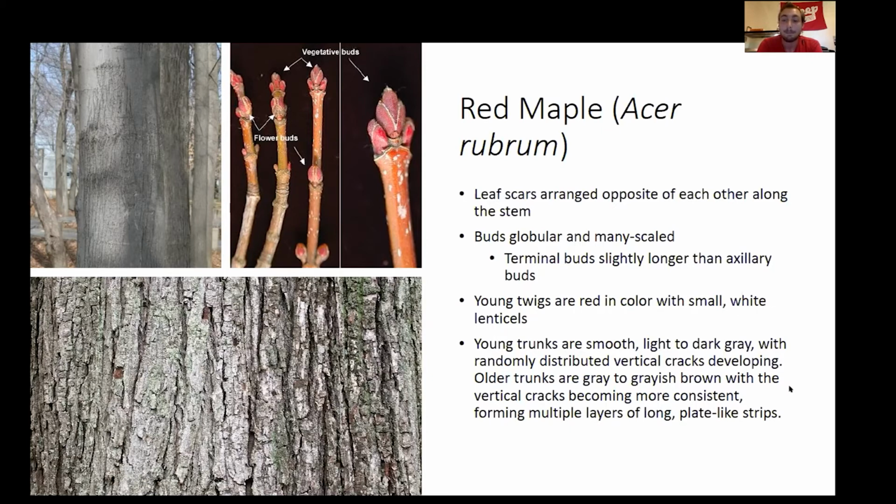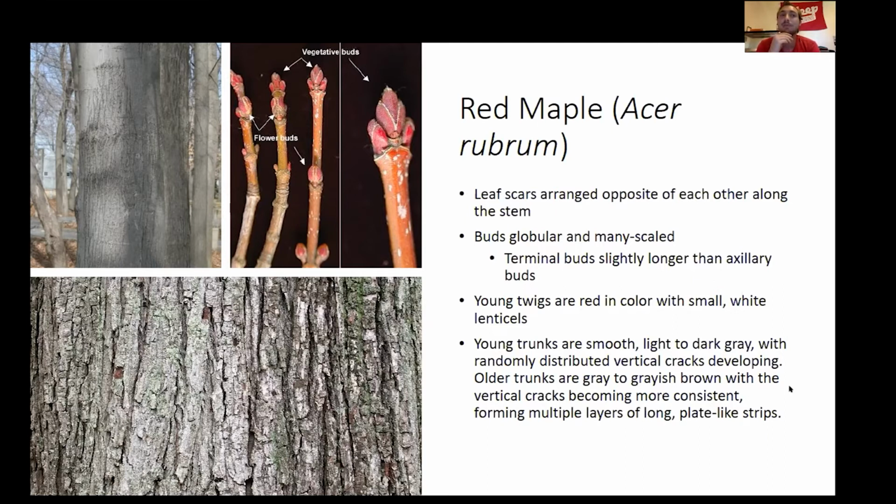And then the last one I see here is, are all axillary buds flower buds, and are all terminal buds stem or, sorry. Okay. I think I understand the question. Yeah. So no, it really depends on the species.